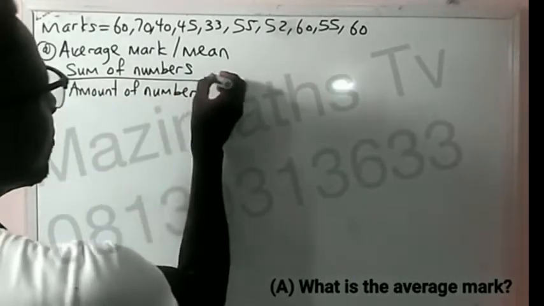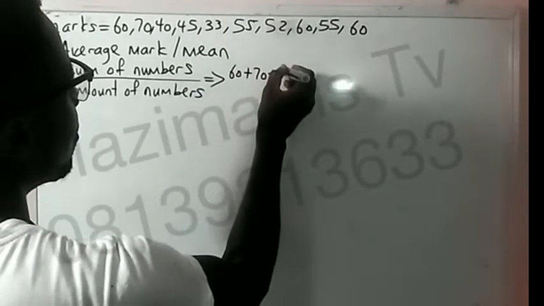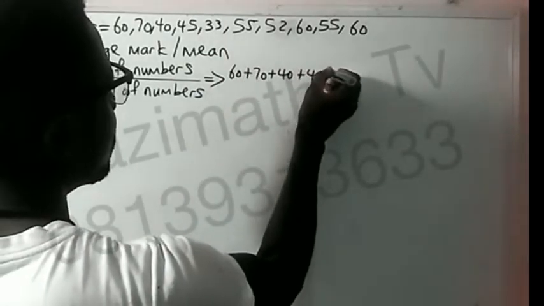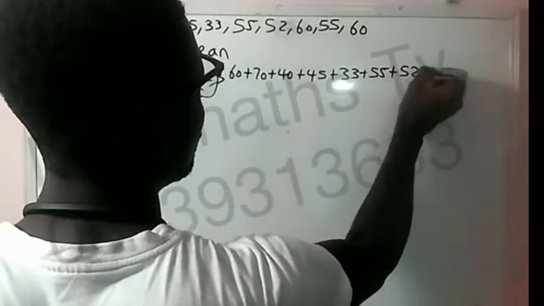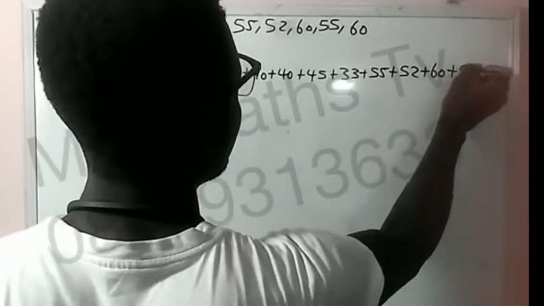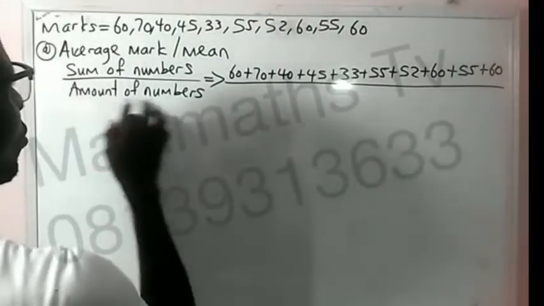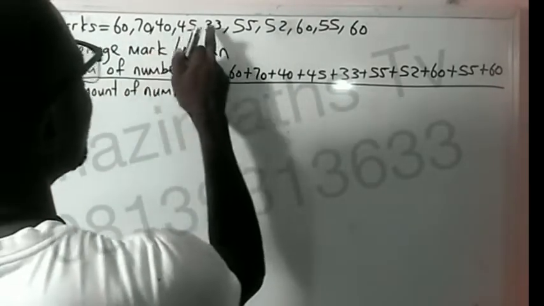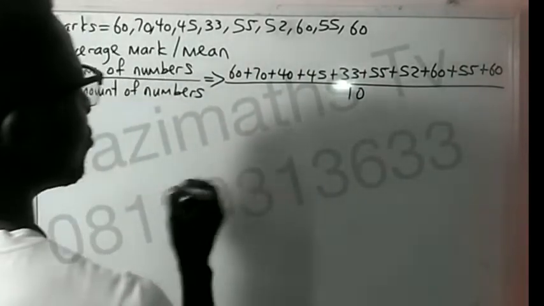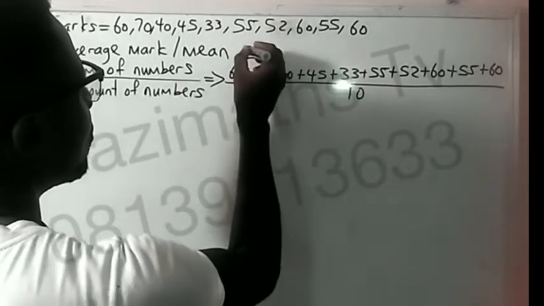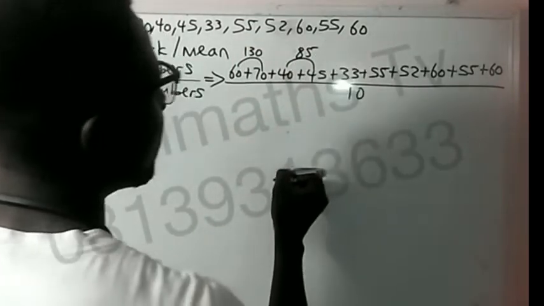So this will be 60 plus 70 plus 40 plus 45 plus 33 plus 55 plus 52 plus 60 plus 55 and plus another 60, everything all over the amount of numbers: 1, 2, 3, 4, 5, 6, 7, 8, 9, 10. That was 10. Now add these numbers together. You can break it down like this. This and this will give you 130. This and this, that is 85.